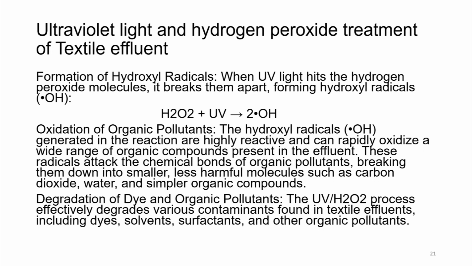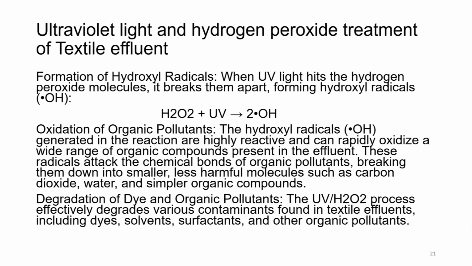The hydroxyl radicals generated in the reaction are highly reactive and can rapidly oxidize a wide range of organic compounds present in the effluent. These radicals attack the chemical bonds of organic pollutants, breaking them down into smaller, less harmful molecules such as carbon dioxide, water and simple organic compounds.